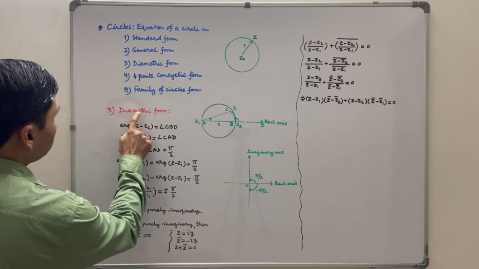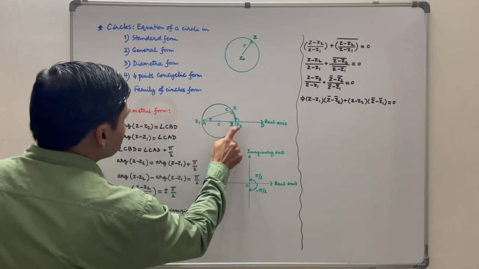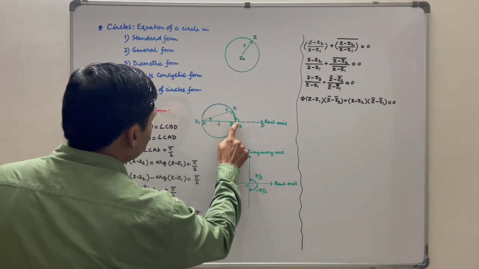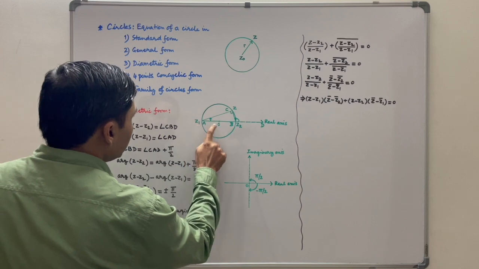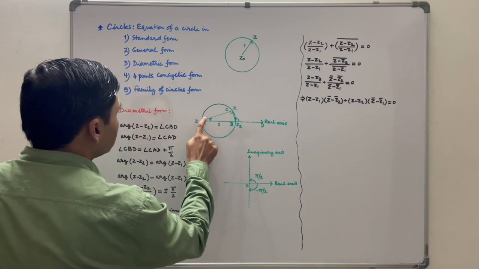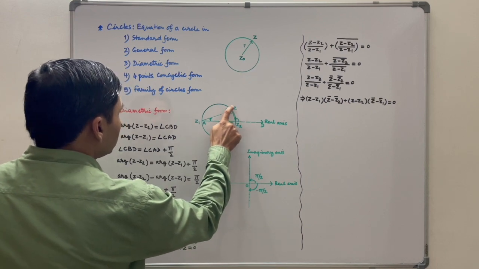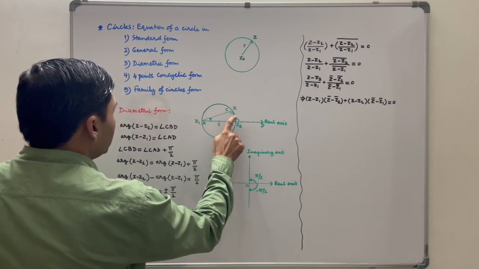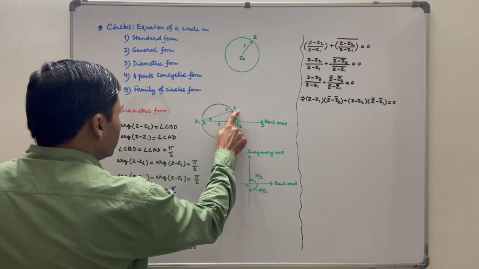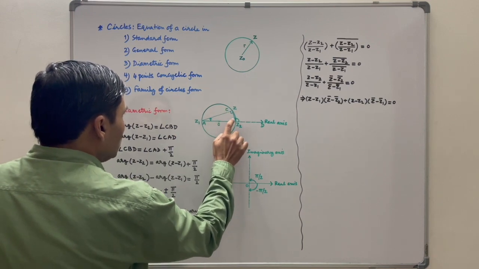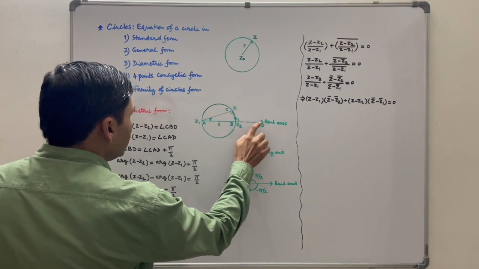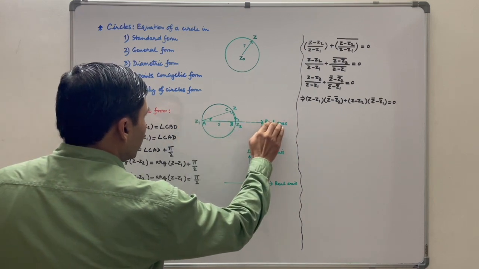Third one is diametric form. Consider a circle with a diameter AB. Its endpoints A and B are represented by complex numbers Z1 and Z2. Z is a general point on the circumference. Suppose this is the positive real axis.